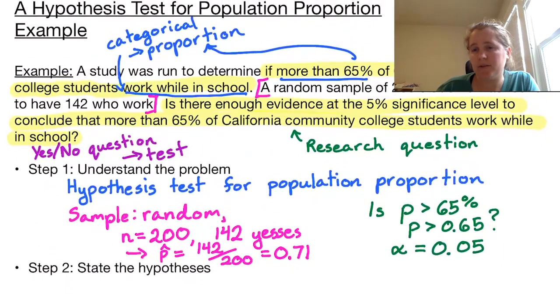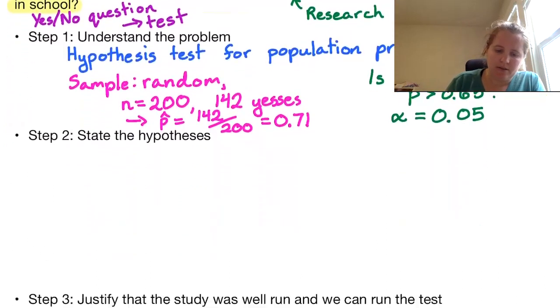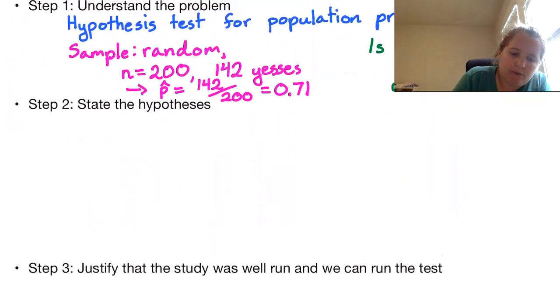So the trick here is essentially to look at your research question. As long as your research question has a lean to it or a not equals to in it, then the research question will give us our alternative hypothesis. So we're asking if more than 65% of California community college students work while in school. So the alternative hypothesis will just convert that into a statement. For our hypotheses, we will have our null hypothesis and our alternative hypothesis.